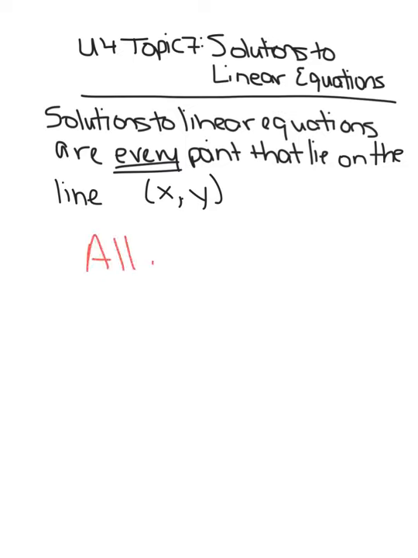All points on the line, right? We're talking about all the points. So when we start talking about solutions, every single point that is on the line is going to be a solution, right? So solutions to linear equations or linear functions is every single point on the line.